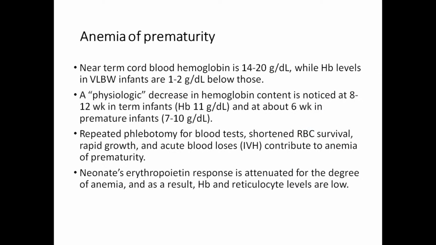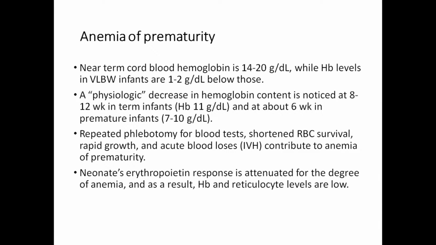Anemia of prematurity: we have early and late anemia of prematurity. Near-term cord blood hemoglobin is about 14-20 grams per deciliter, while hemoglobin levels in very low birth weight infants are 1-2 grams below those.